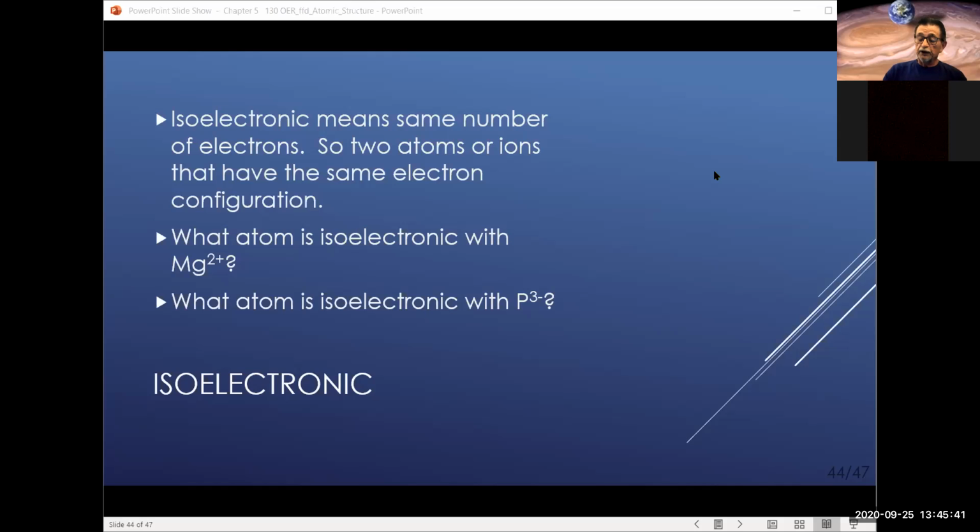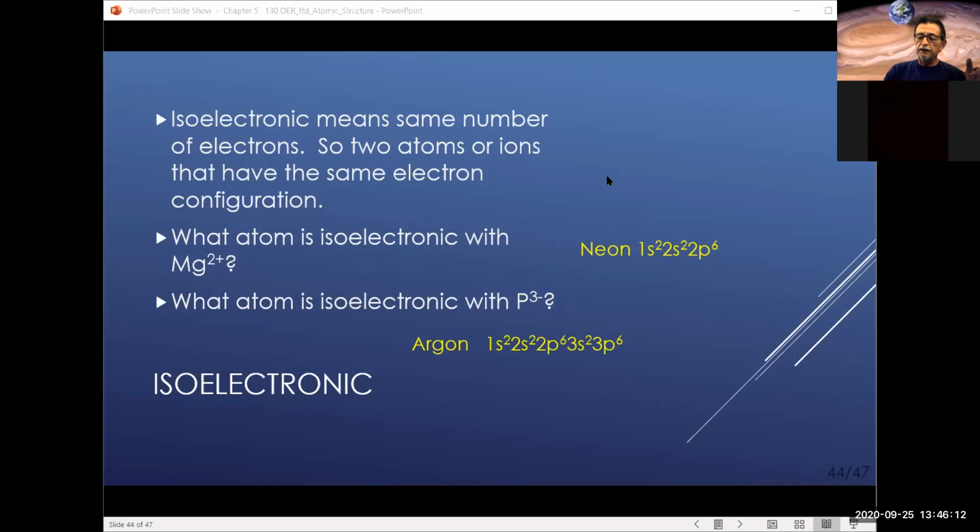Isoelectronic, I just mentioned what isoelectronic means. Iso means the same, electronic refers to electrons, so having the same number of electrons. The magnesium ion is isoelectronic with neon. They both contain 10 electrons. They're not the same. That's important. Nobody lost any protons, we just lost electrons.